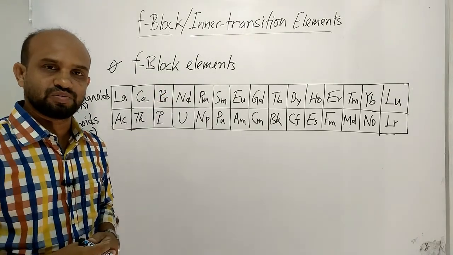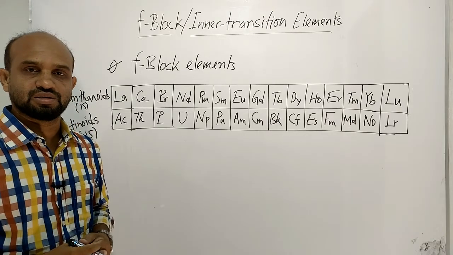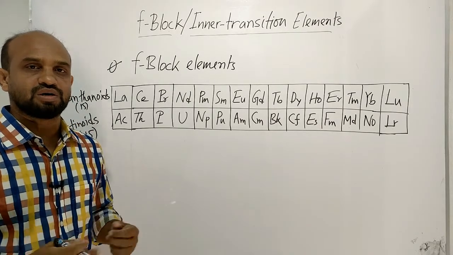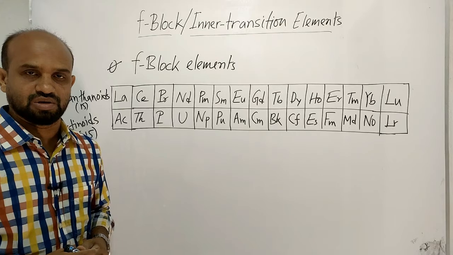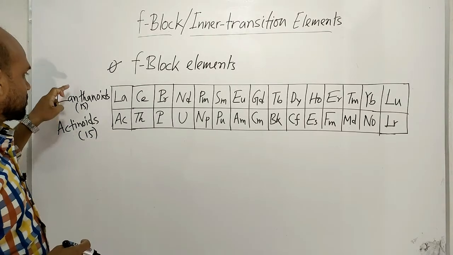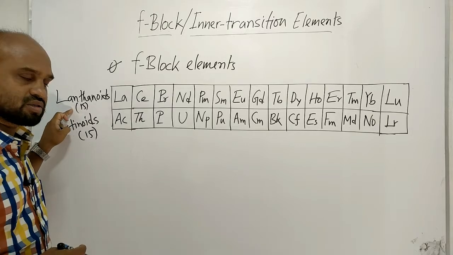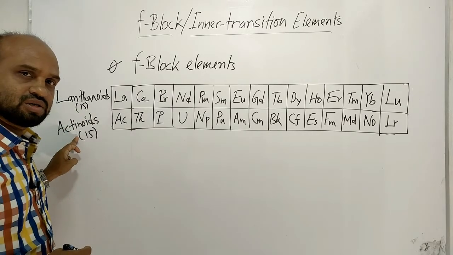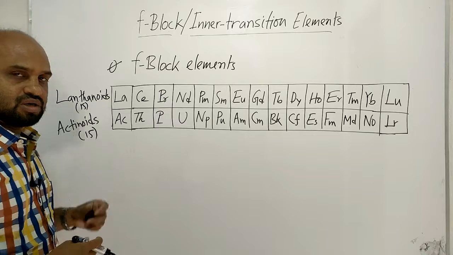These 30 elements are placed underneath the main periodic table. Lanthanoids 15 elements and actinoids 15 elements.